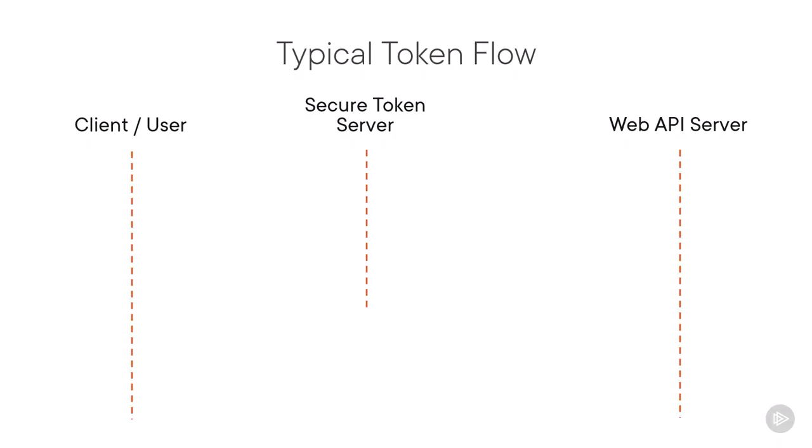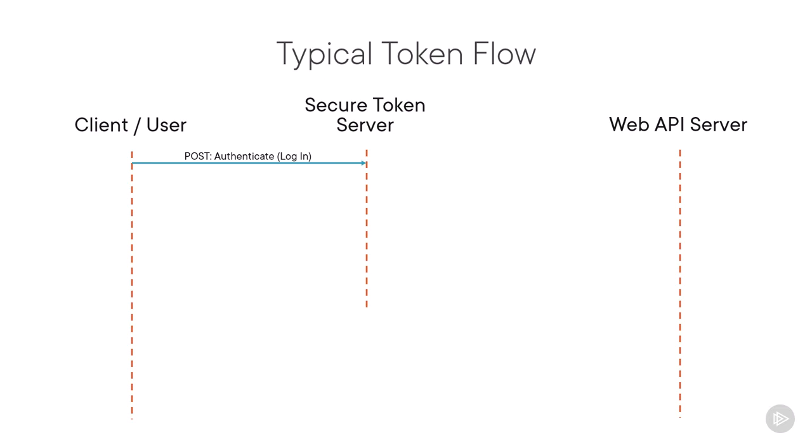A typical token flow using a protocol like OAuth 2 might look something like this. First, the client authenticates, typically with an STS or Secure Token Server or another authentication server or service.